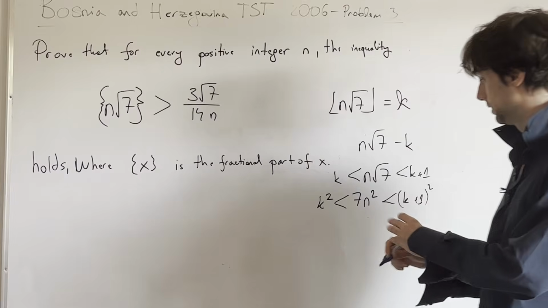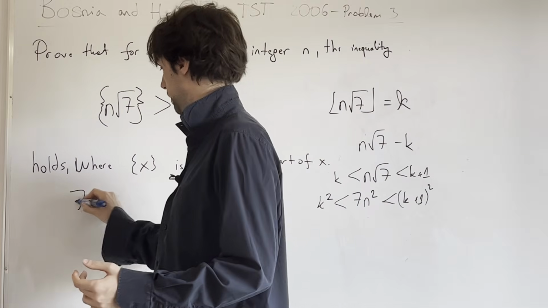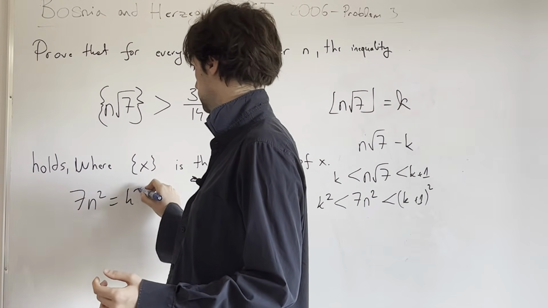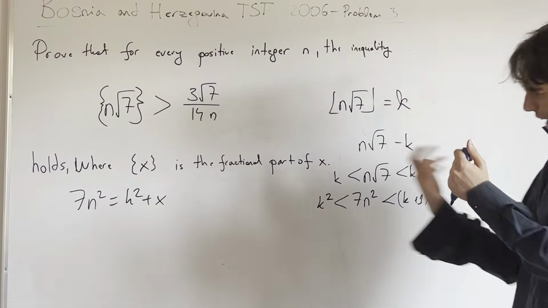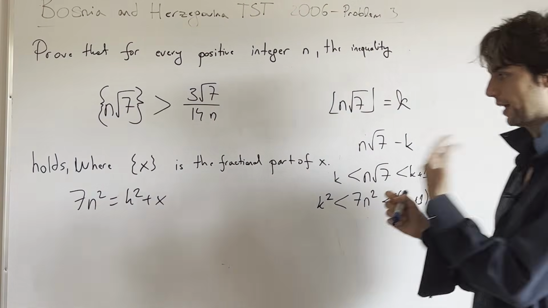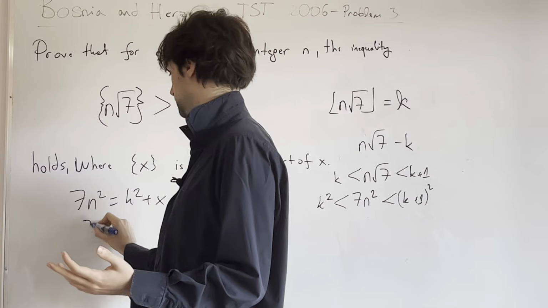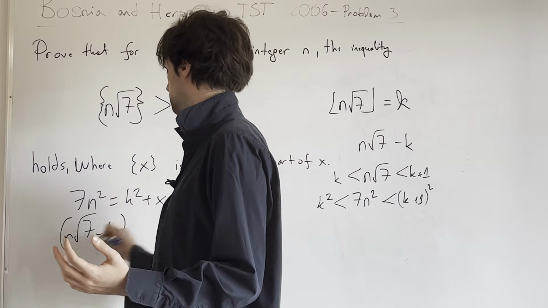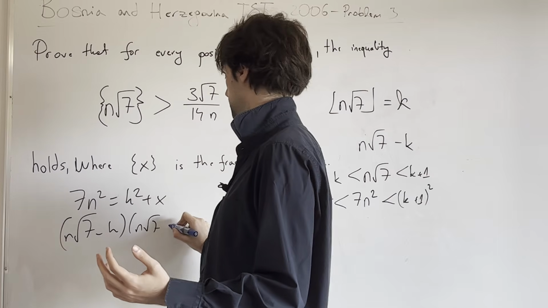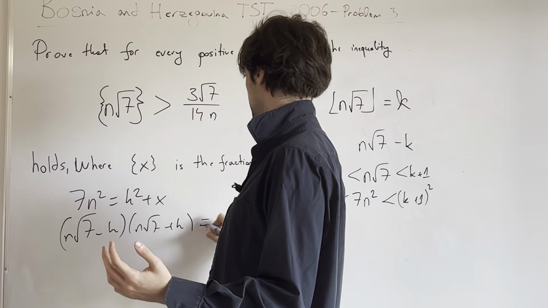If I know that 7n squared is equal to k squared plus some x, and if I find stuff out about x, then I know I can estimate this: n square root of 7 minus k times n square root of 7 plus k is equal to x.